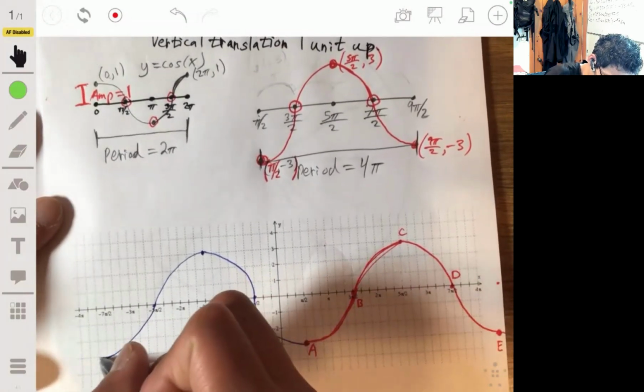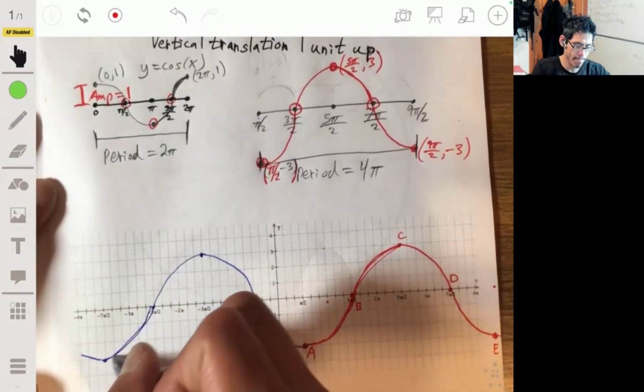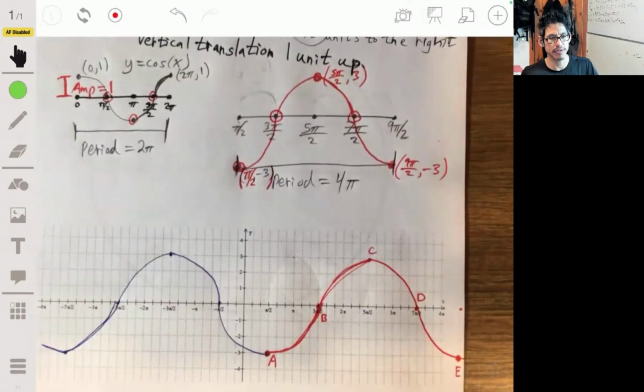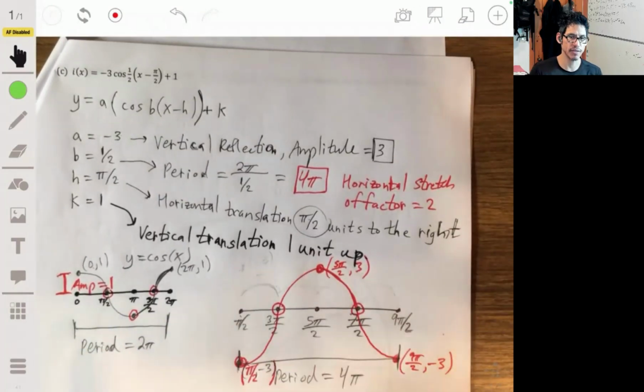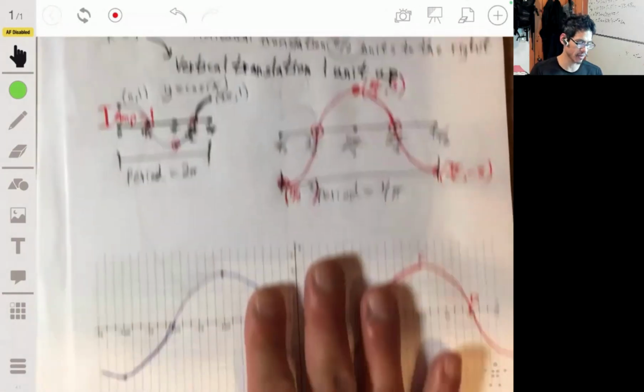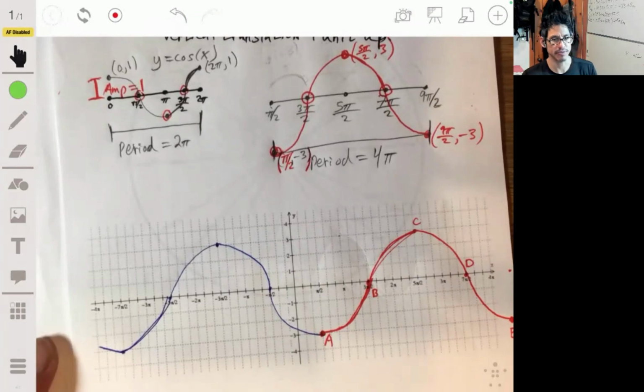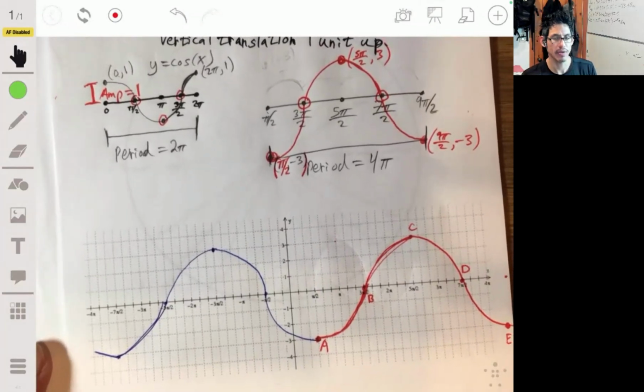And so forth. There you go. So there's a graph of that. You can always plug and chug the 5 values in if you want and calculate it like that. But this also works. So it's fine.